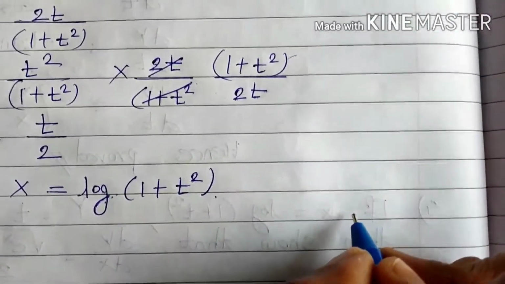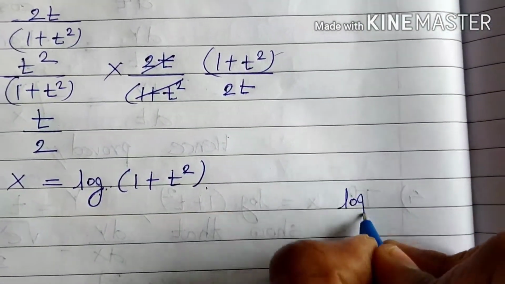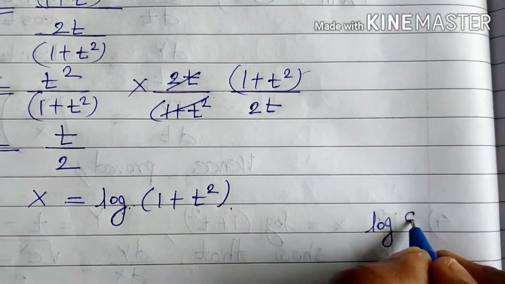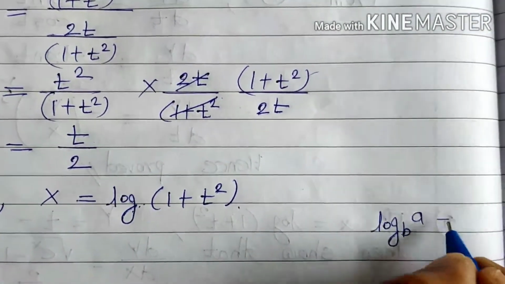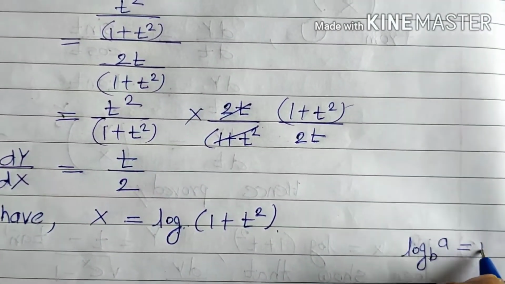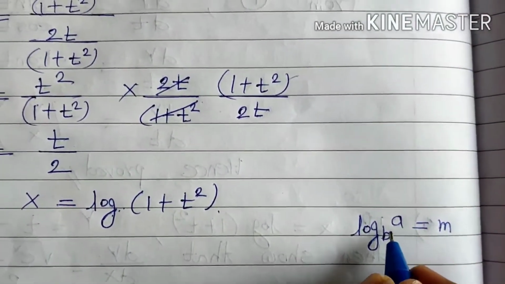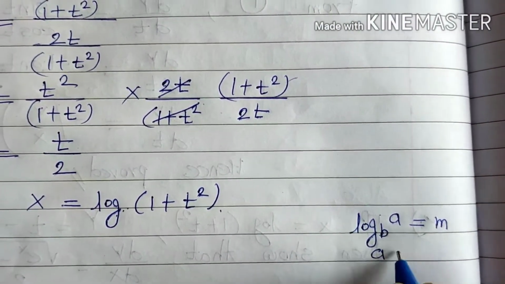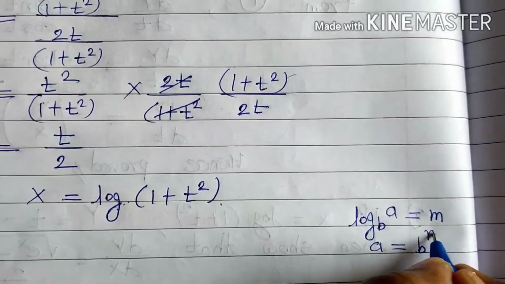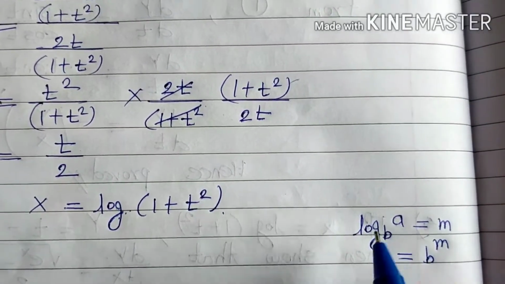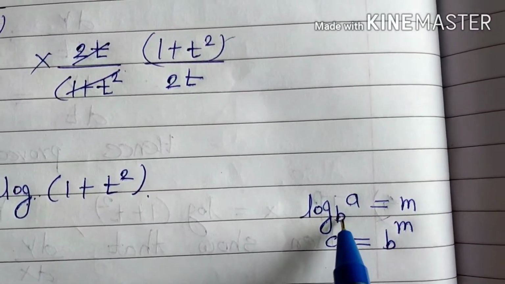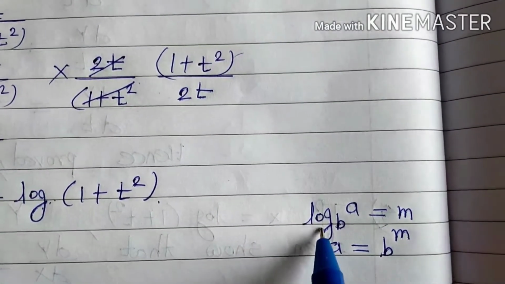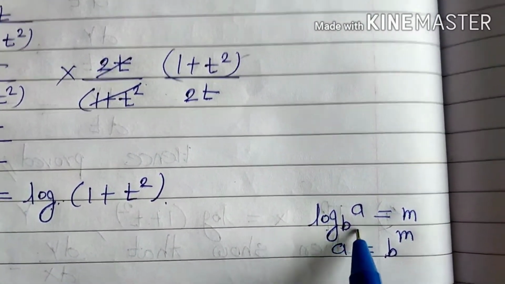What is the formula? If log a base b is equal to m, then a stays as it is and b becomes b raised to m. Look at this: the base b becomes b, and the log gets cancelled.